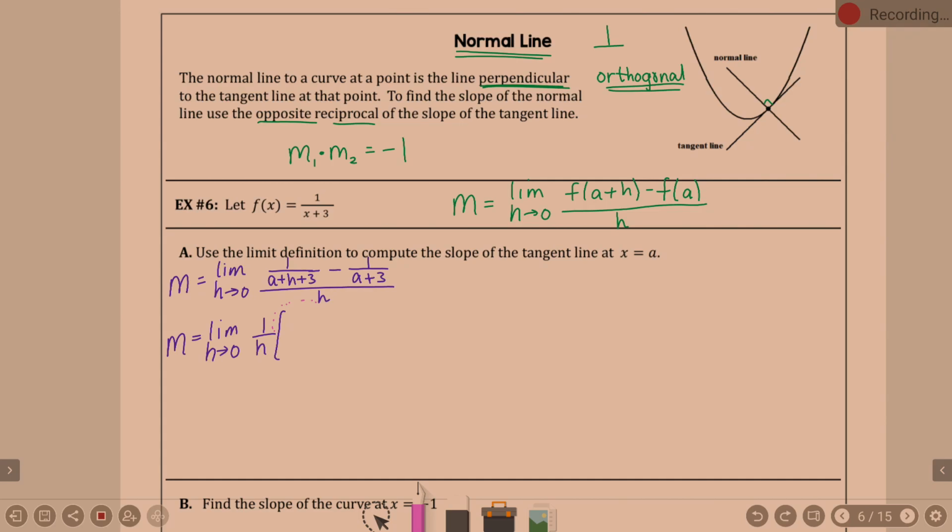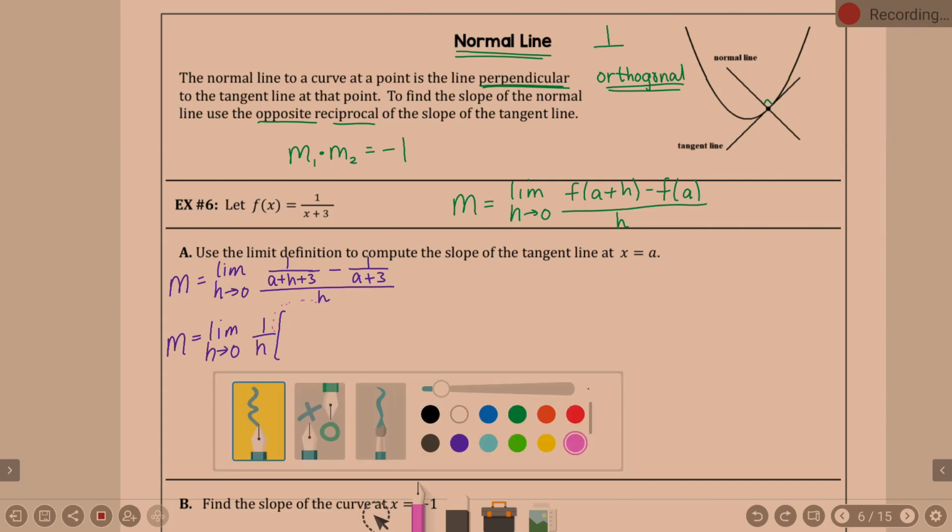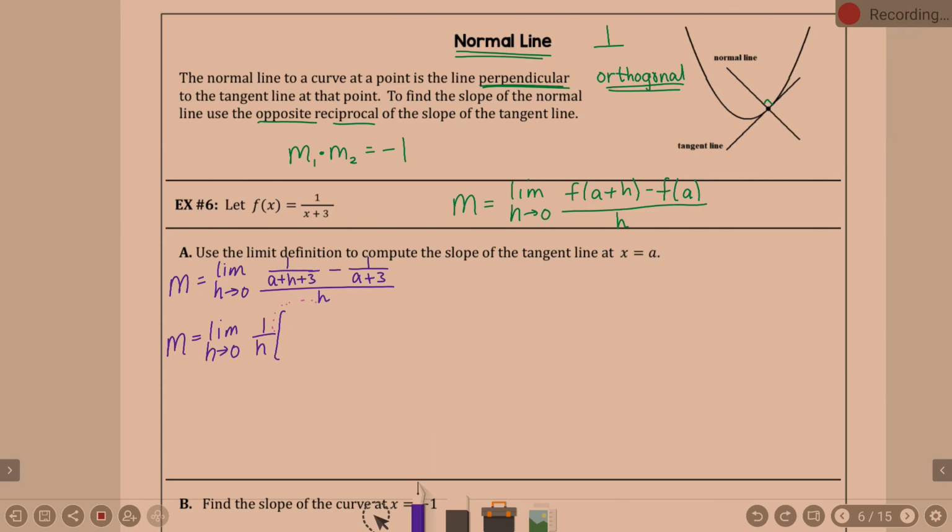Okay, and just making it less chaotic. Now, the deal is to make these 2 fractions into 1 fraction. We said the common denominator is going to be a plus h plus 3, that quantity times the quantity a plus 3. Are you with me there?